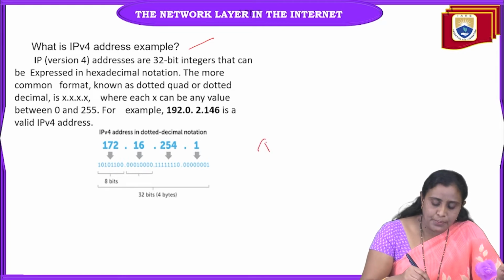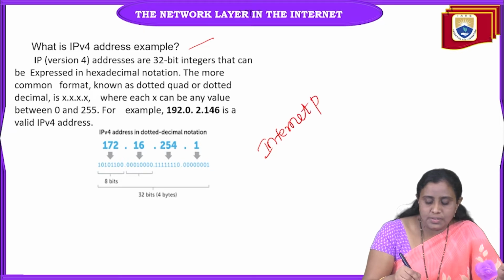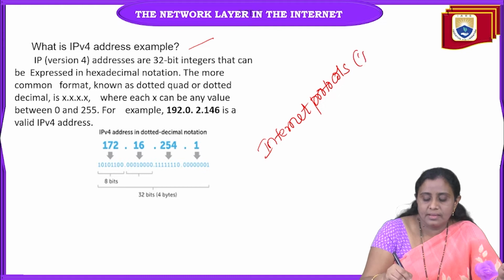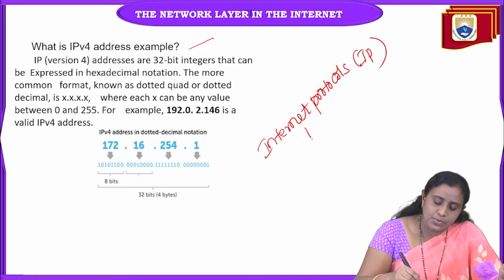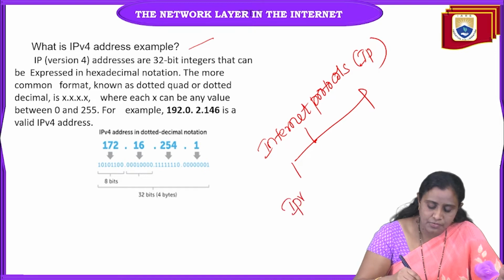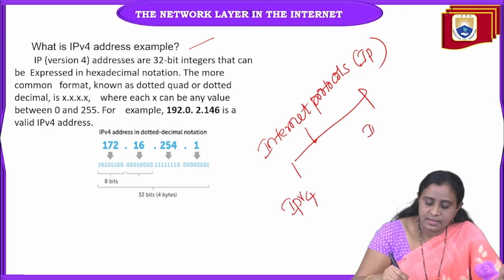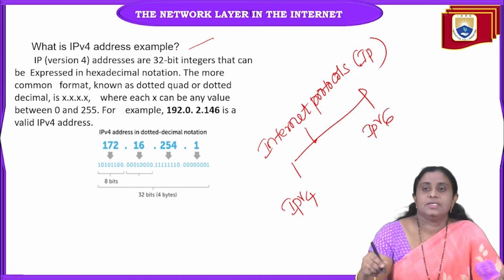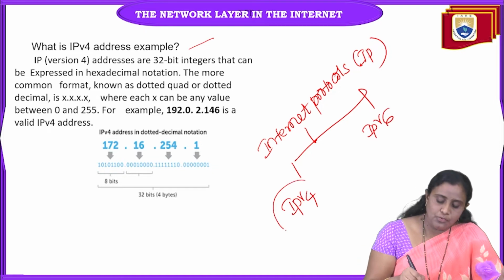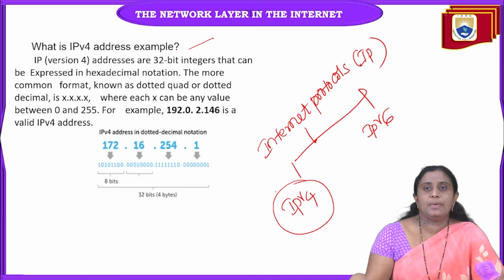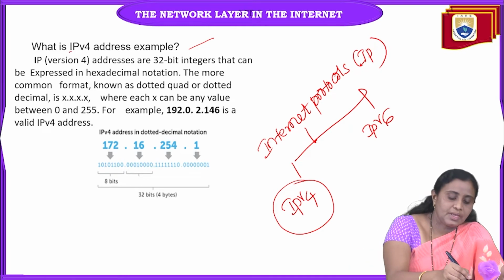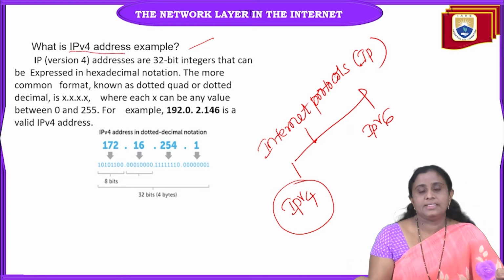The internet protocol, which we can call IP, can be divided into two types. The first one is IPv4 as well as IPv6. So first of all, we want to deal with what is meant by IPv4 address with example.